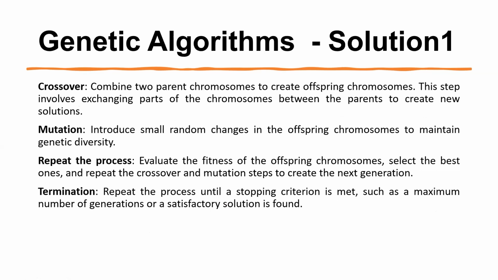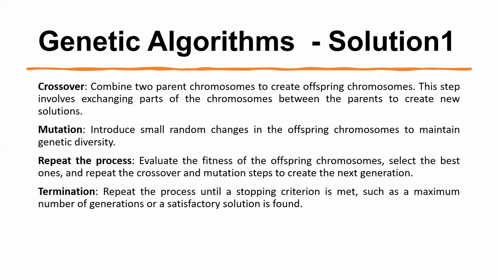Then crossover, where we will exchange the two chromosomes, single point, multi-point, and so on, which we saw in the previous explanation. Mutation, introducing random changes, and we will repeat the process so that the best chromosomes come through over multiple generations.